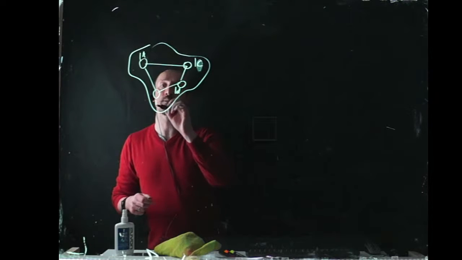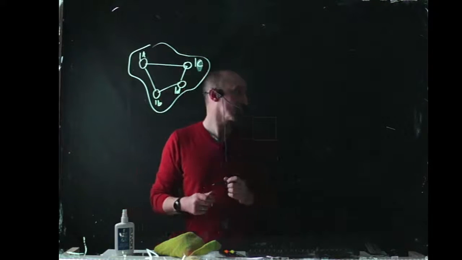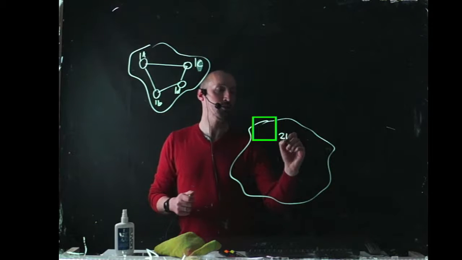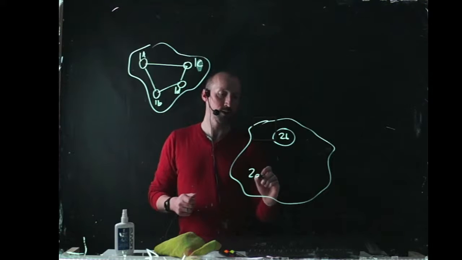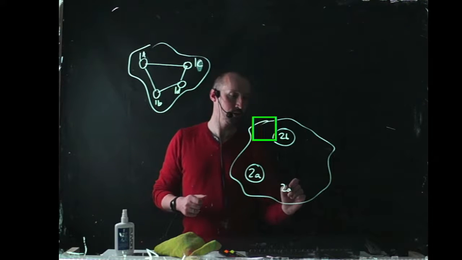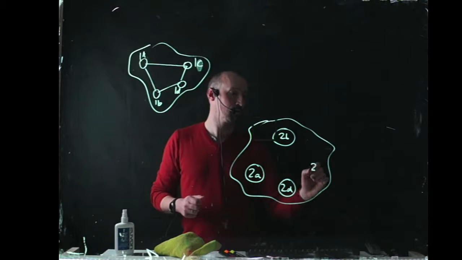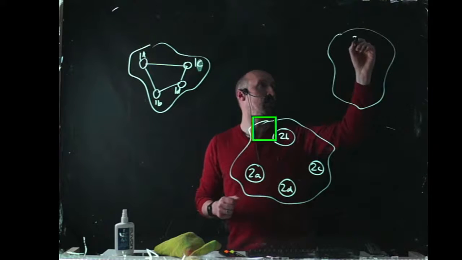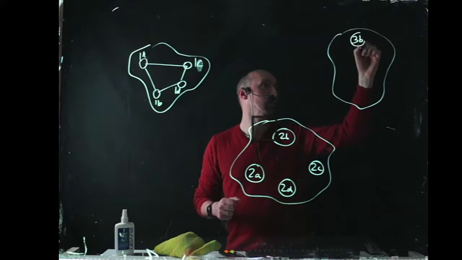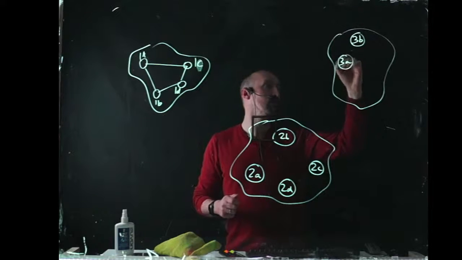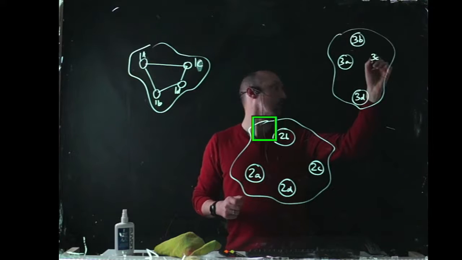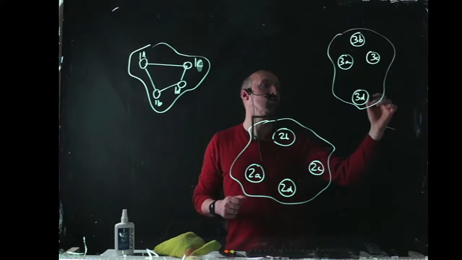And I've got another network over here: 2B, 2A, 2D, 2C. And I've got a third one over here, which was 3, 3B, 3A, 3D, 3C. And we'll say X has just joined this network as well.